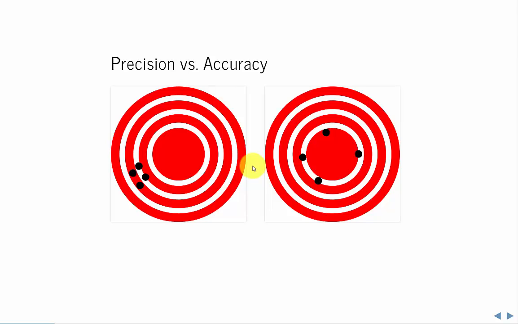Often there's a bit of a trade-off between achieving precision, the target on the left, and accuracy, the target on the right. Most of what we're going to do in this course is going to revolve around estimating the precision of our estimates and worrying less about the accuracy.